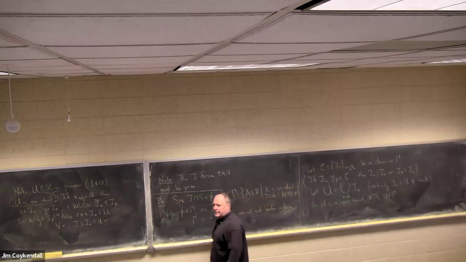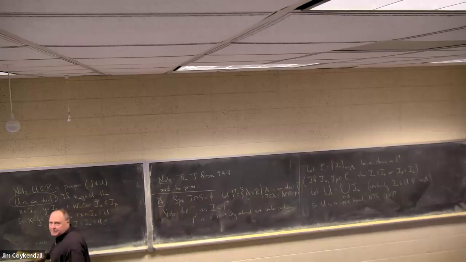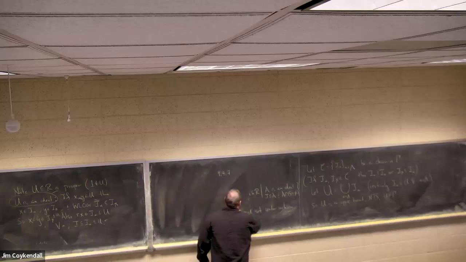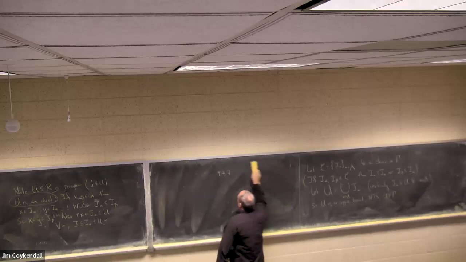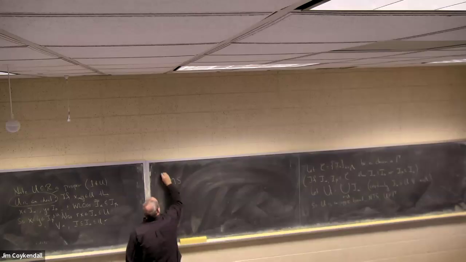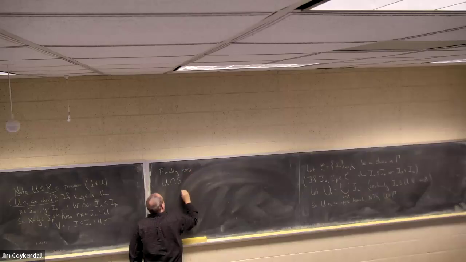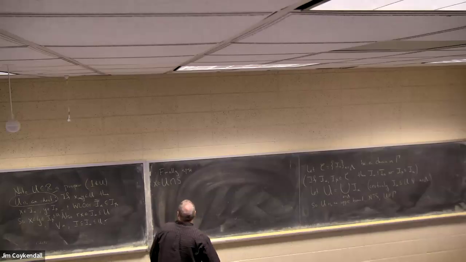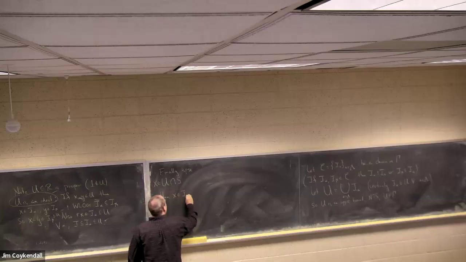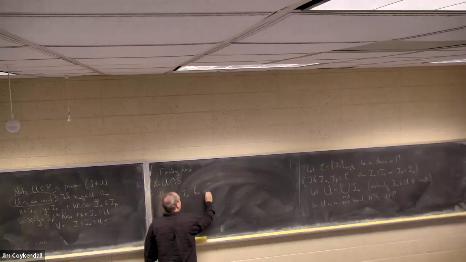And finally, I need the intersection to be empty. Suppose X is in U intersect S. Then X is in I alpha for some alpha.